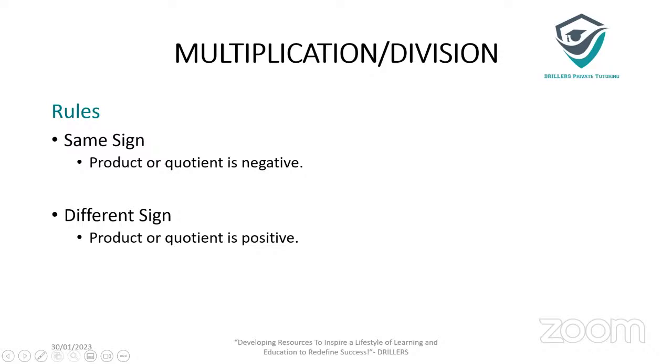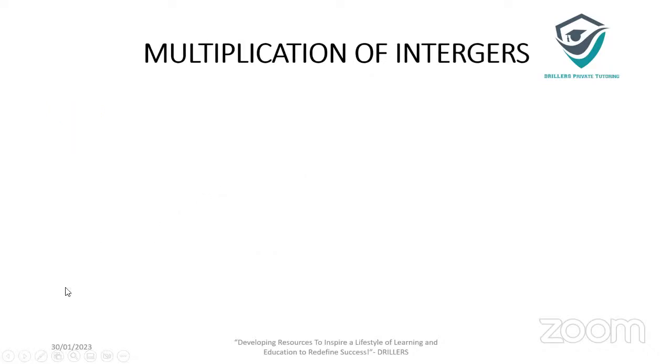Once we have same sign, whether we are multiplying or dividing, your answer is going to be negative. And for different signs, sorry, that's an error. So same sign, your answer is going to be positive. And opposite sign, your answer is going to be negative.